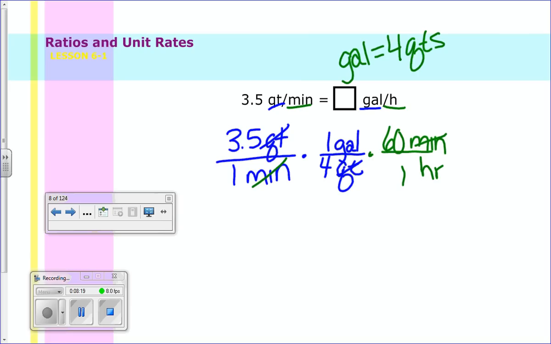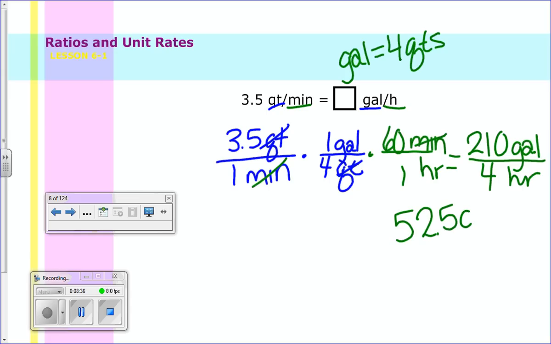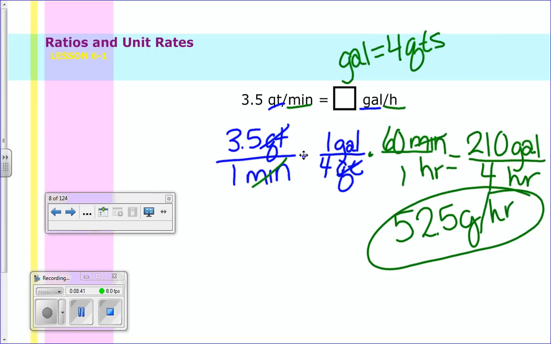Then I multiply. 3.5 times 1 times 60 is 210 gallons. And that is all over 1 times 4 times 1, which is 4 hours. And I simplify it out, and you end up with 52 5/10 gallons per hour. That would be what you have.